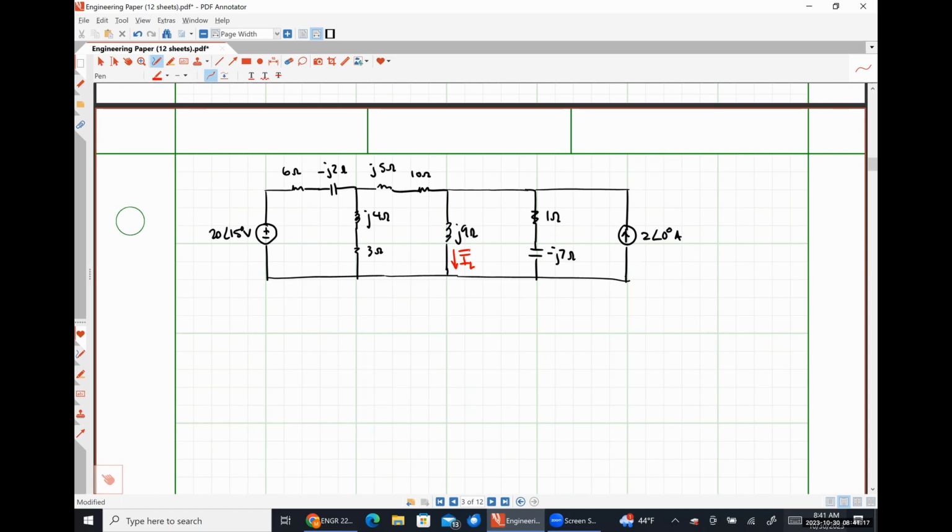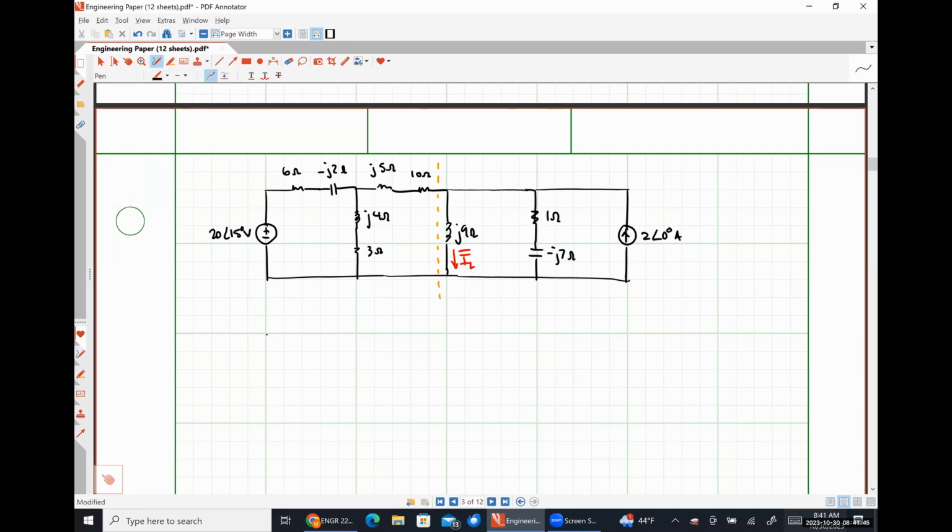Okay. So I'm drawing this dashed orange line right here. And what I'm going to do is disconnect everything to the left of this dashed orange line and replace it with its Norton equivalent circuit. And you'll see why I'm choosing to do the Norton equivalent circuit in just a moment, okay?